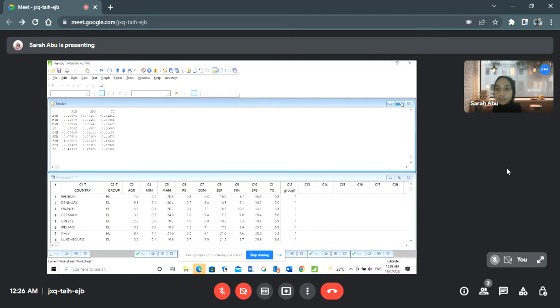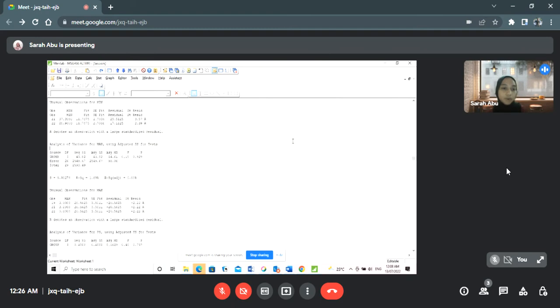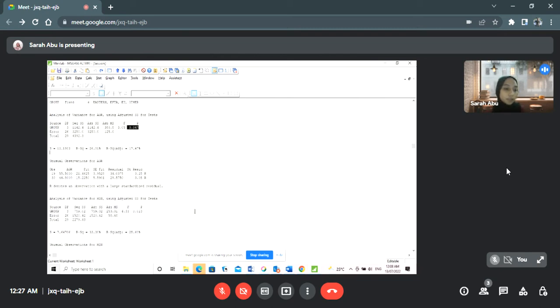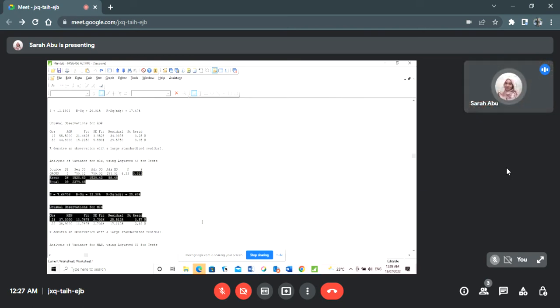From here, we will get the ANOVA for every one of the 9 variables. First, ANOVA for agriculture: the p-value is significant at the 5% level. Next, ANOVA for mining and quarrying, the p-value is also significant at 5%.